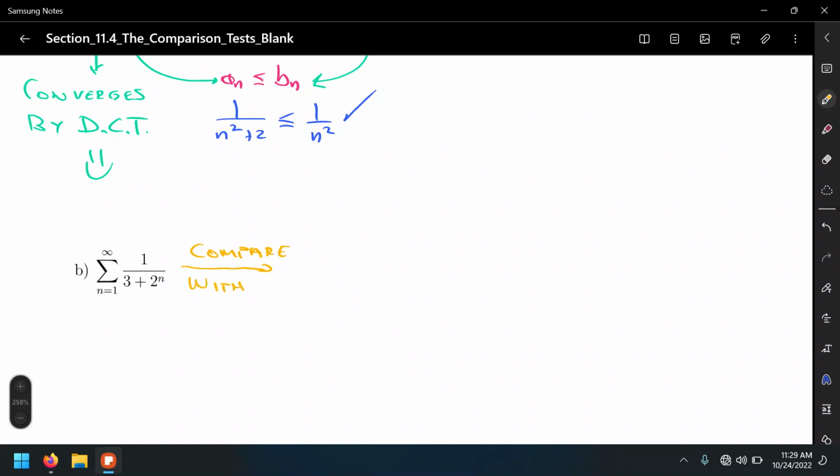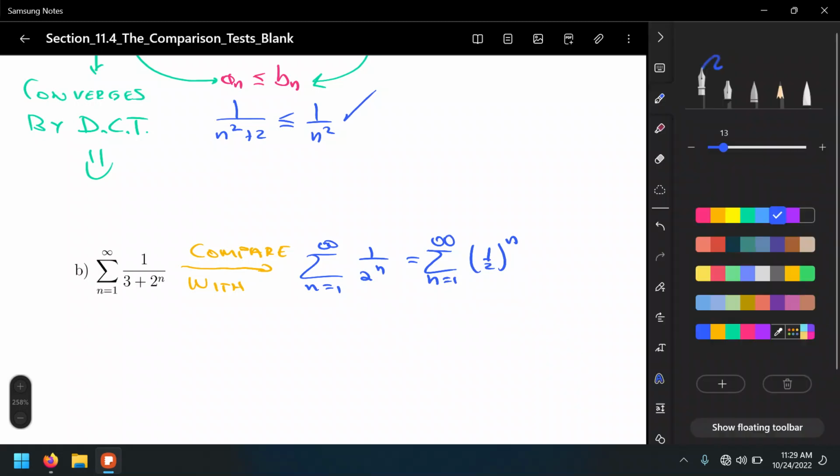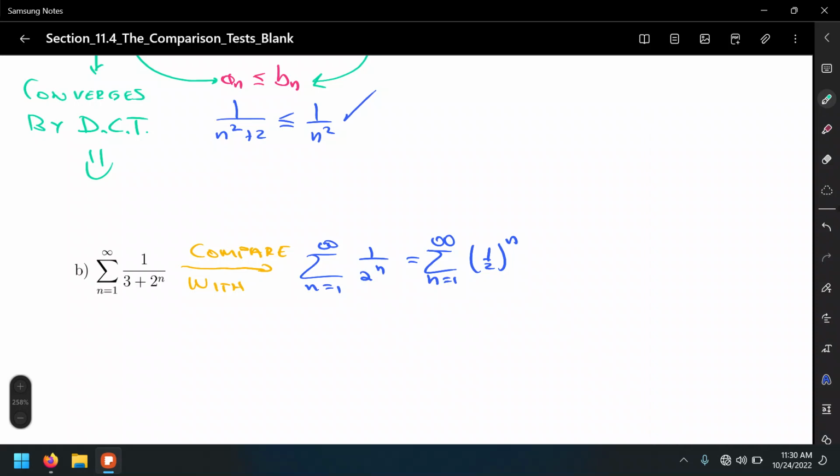Again, we can neglect this 3, and this series essentially looks like the sum from n equals 1 to infinity of 1 over 2 to the n, which can be rewritten as the sum of (1/2) to the n power. What do we know about this series? We've seen it a couple of times. It's a convergent geometric series.